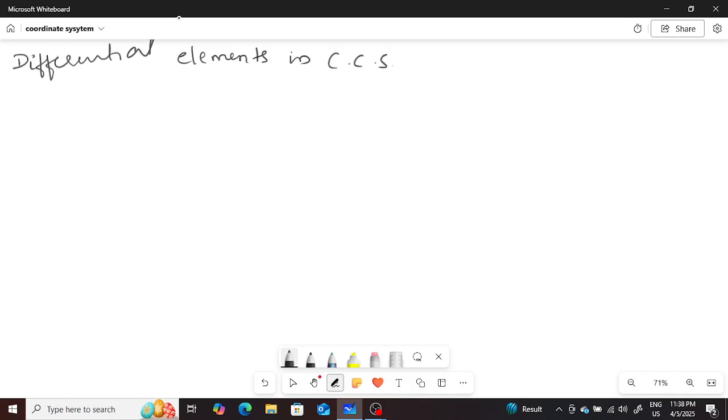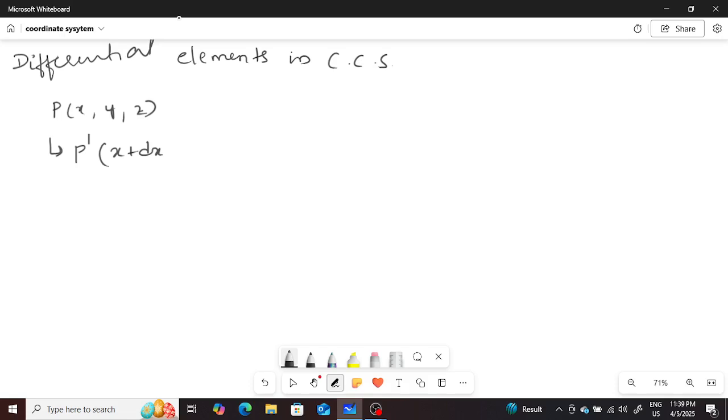Say for example, when P is given, it is x, y, z. If this P is slightly moved to another position in the same coordinate system, then P dash is formed. That P dash is nothing but x plus dx, because differentially the x coordinate is slightly shifted to another position, and that slight shift distance is dx.